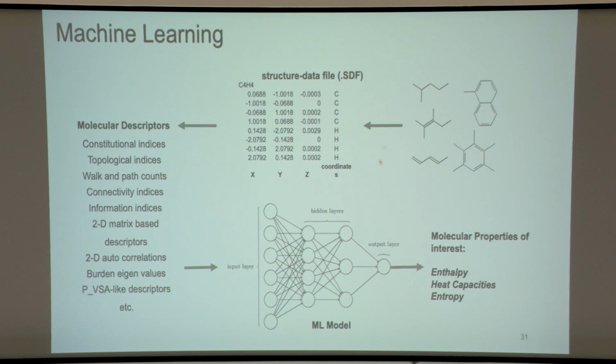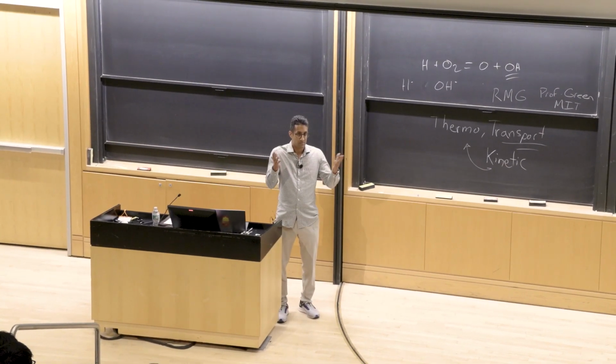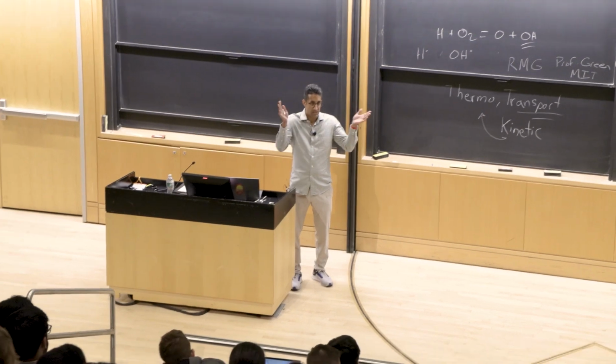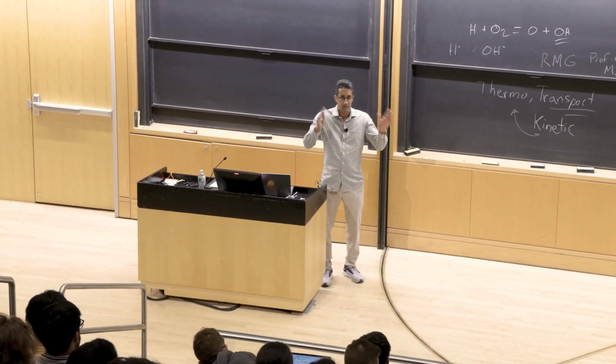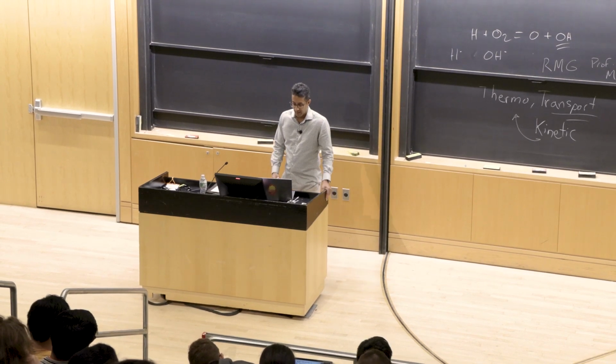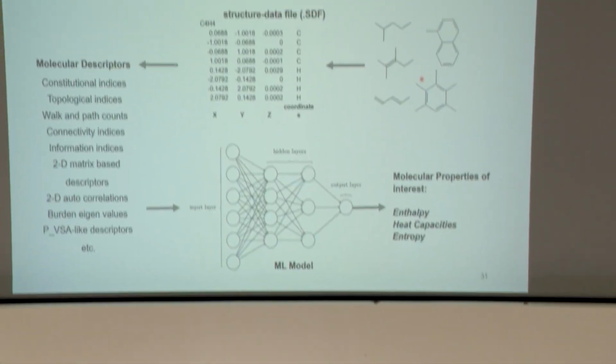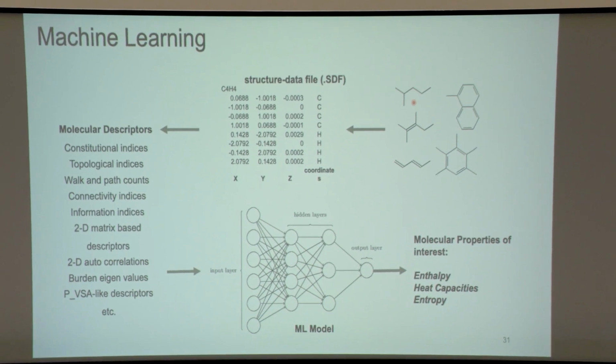But the basic idea is, in principle, the machine learning model should work, because everything that we're saying happens to the thermodynamic properties is only a function of the molecular structure. And the molecular structure is just some input molecular features which represent different electronic structural characteristics of your molecule. So we take a molecular fingerprint. You can write this as a SMILES string, as an InChI.